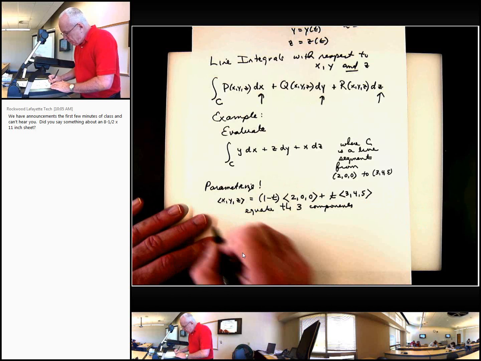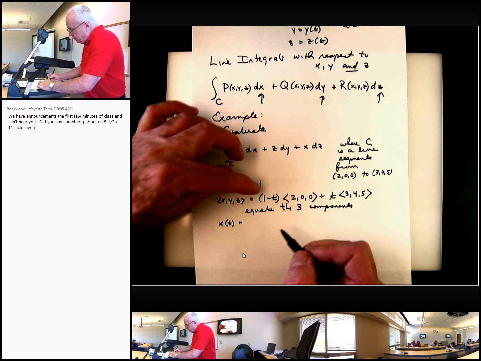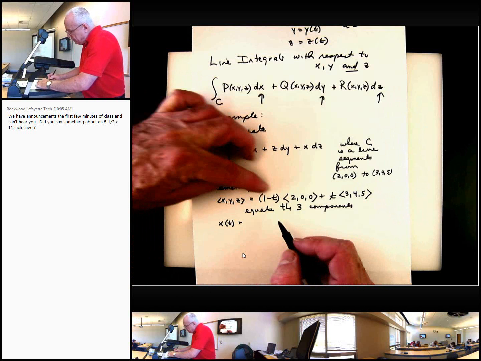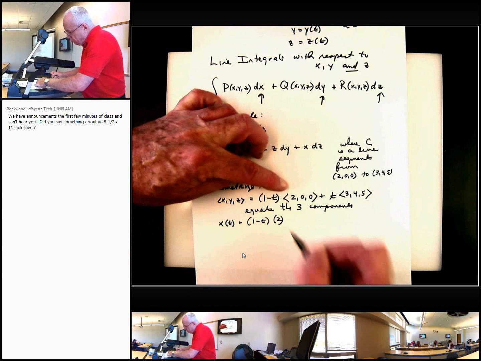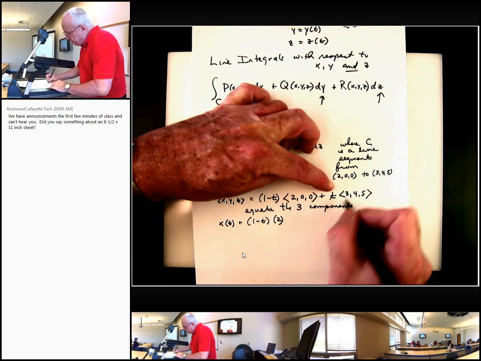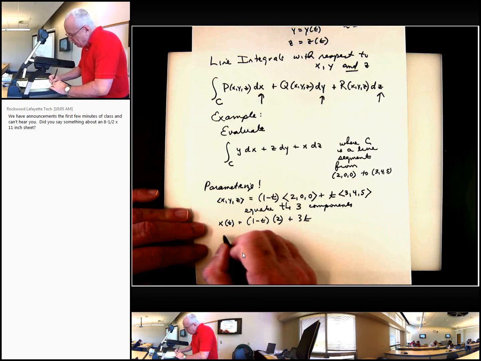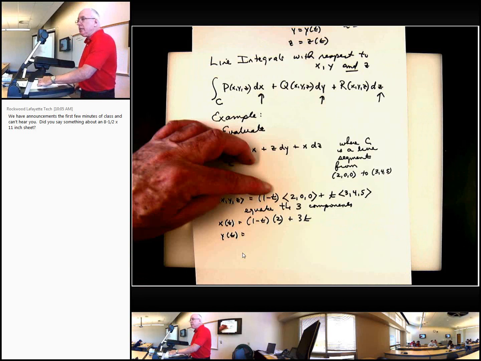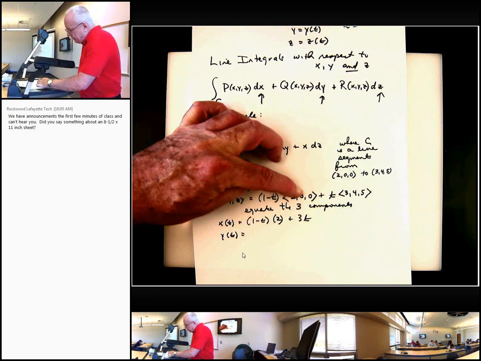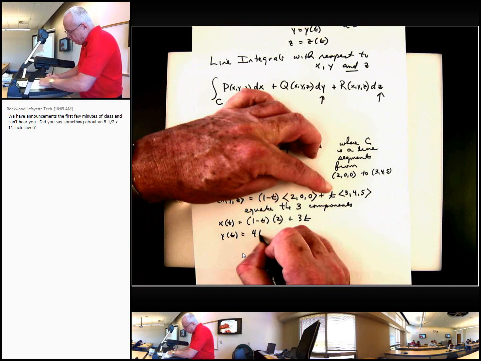So what do we get here? We get x of t is going to equal 1 minus t times 2, and then we go over to plus 3 times t. y of t is going to be 1 minus t times 0, let's not even write anything down there, plus 4 times t, so 4t.